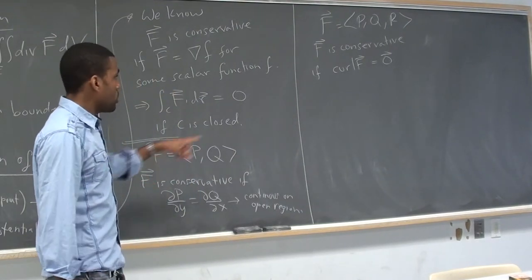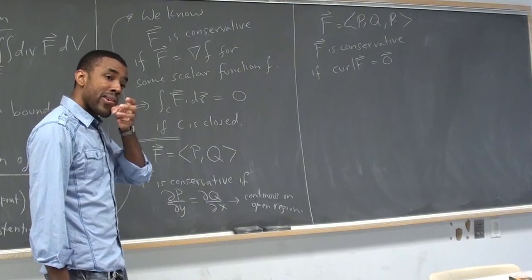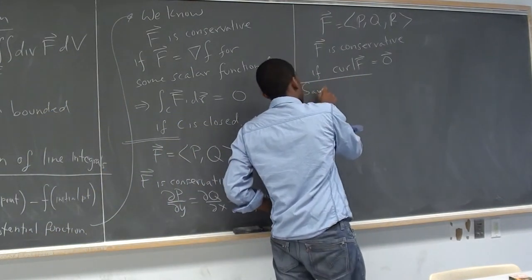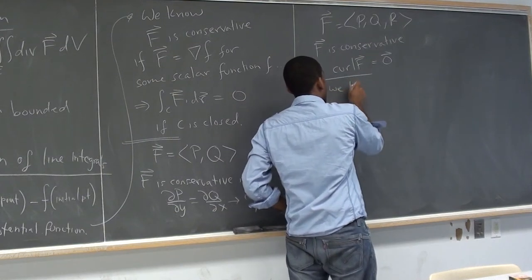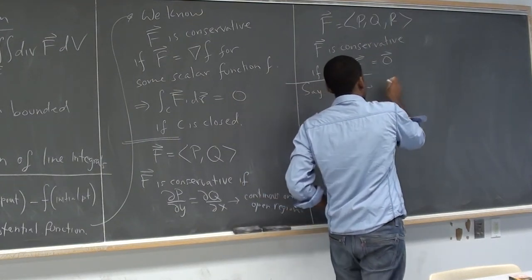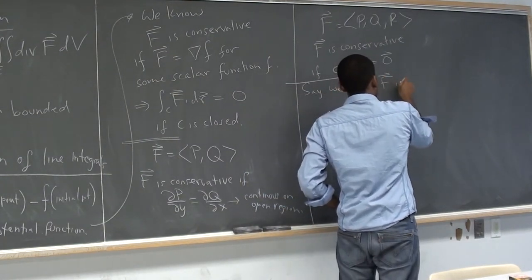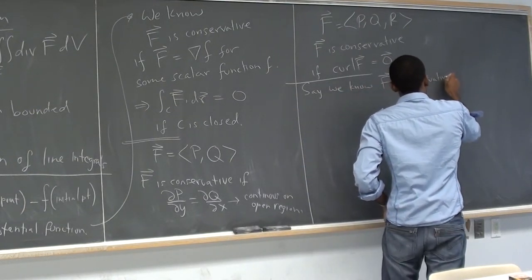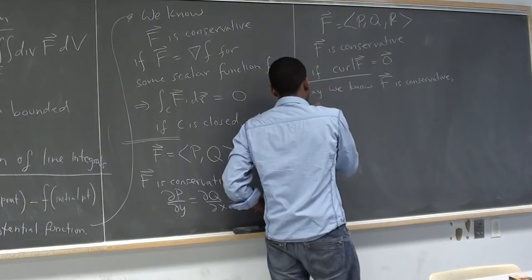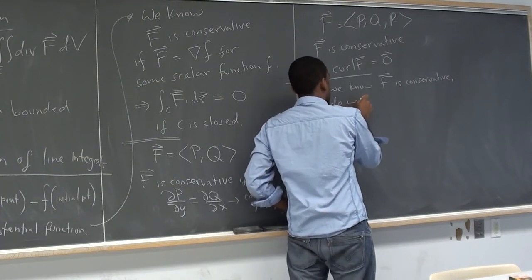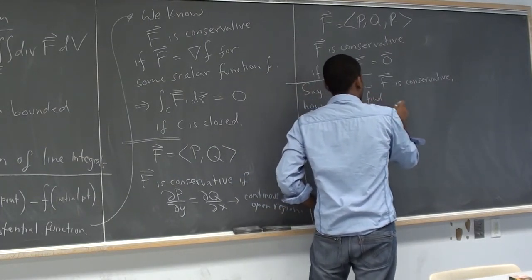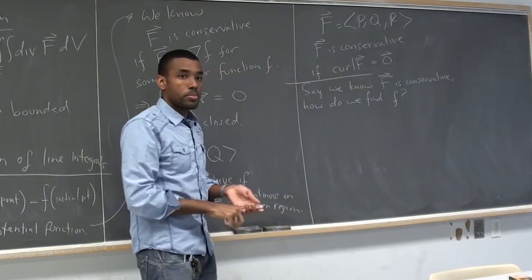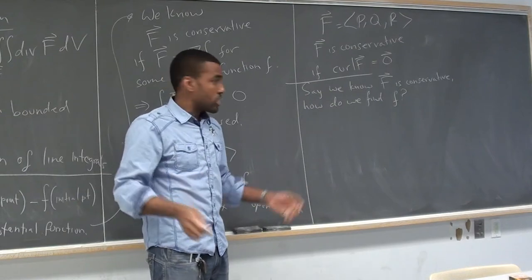But now, how did we actually find these guys? Say we know F is conservative. How do we find f? What was our process? It was just doing a bunch of integrals.